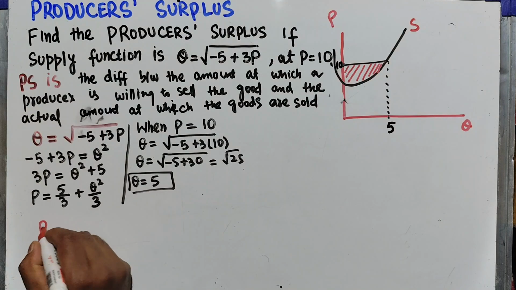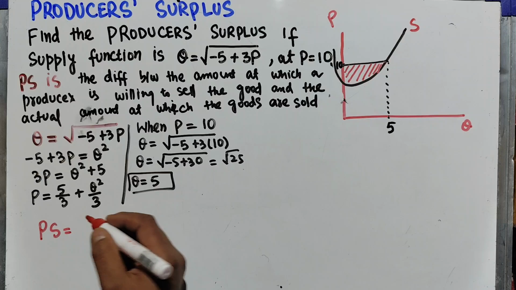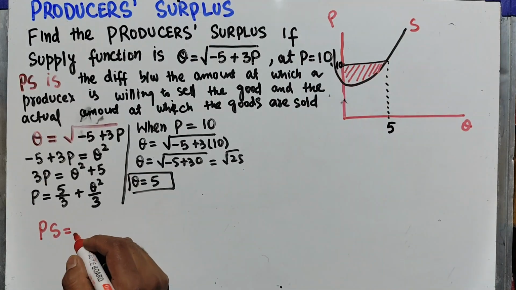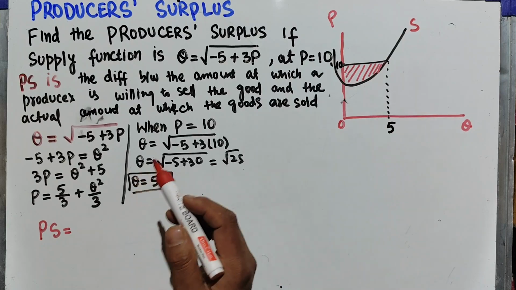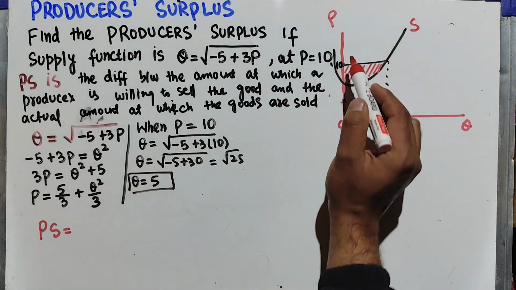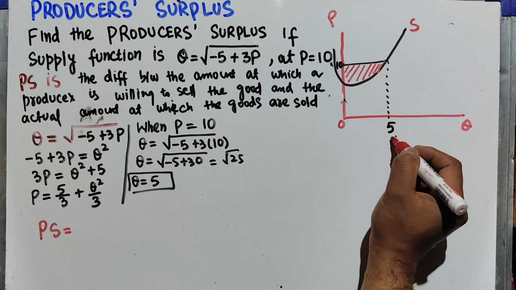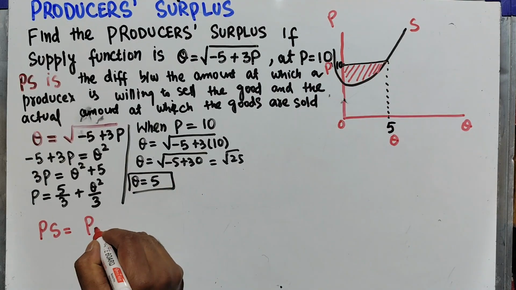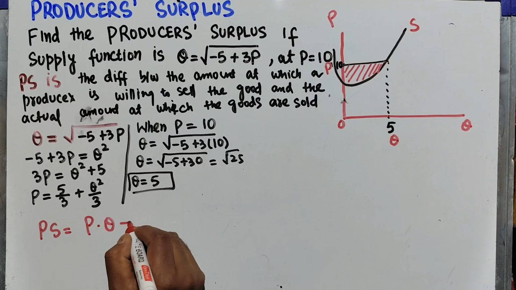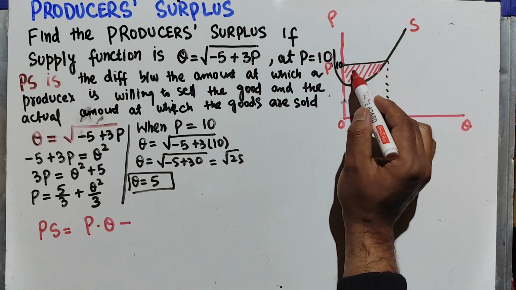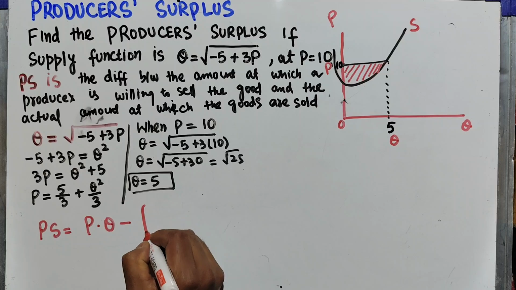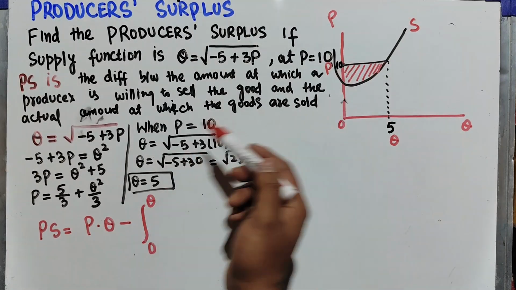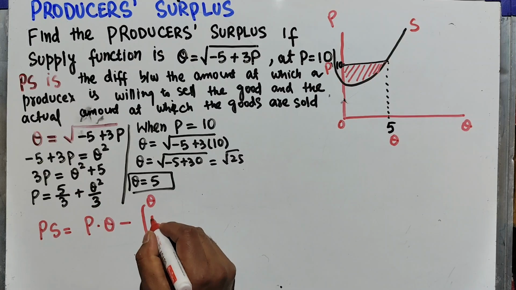Producer surplus will be equal to the area of this whole rectangle, which is P into Q, price times quantity, minus the area of this red region, that is the definite integral from 0 to Q of our supply function P.